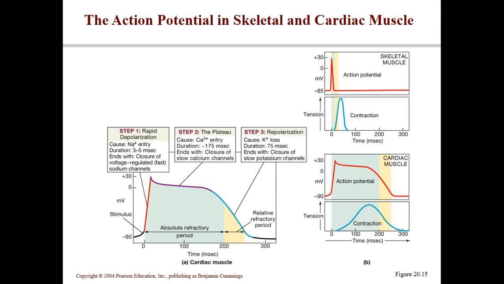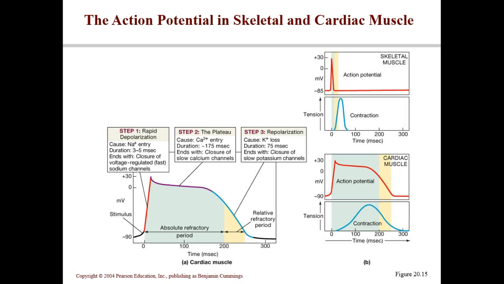The skeletal muscle action potential has basically the same design, although skeletal muscle is a negative 85, whereas remember the action potential begins in cardiac muscle at negative 90, all the way up to about positive 30. But the skeletal muscle does not have that plateau, and actually in cardiac muscle, the contraction lasts longer.